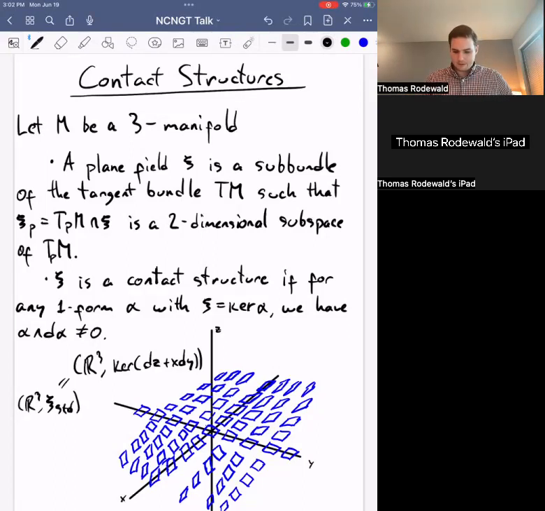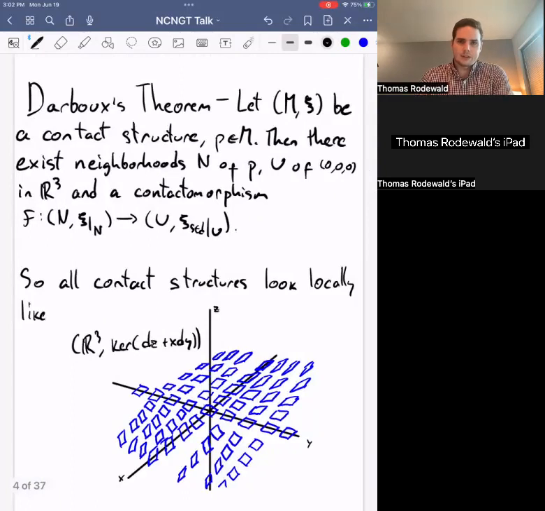As you can see, the contact planes are flat, parallel with the xy-plane when you're going along the y-axis, but when you go further out on the x-axis, in either direction, they twist counterclockwise. This contact structure is important because Darboux's theorem tells us that any contact manifold is locally the same as R^3 with the standard contact structure.